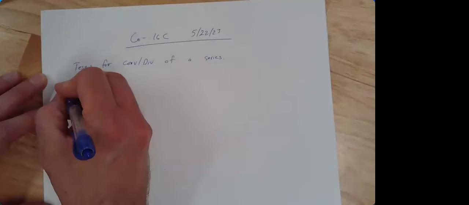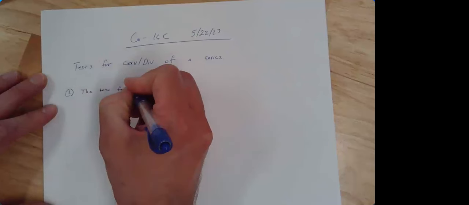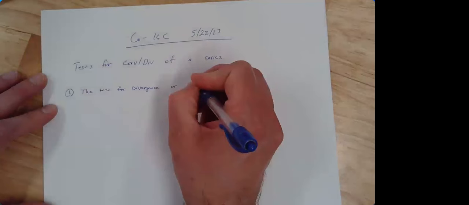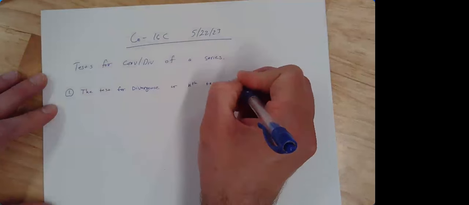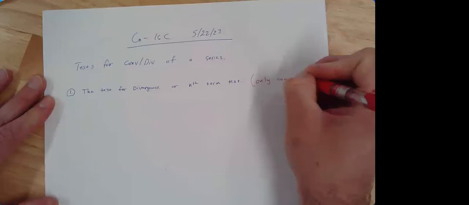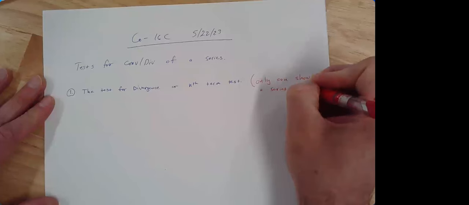First and foremost, we have the nth term test, or the test for divergence. The nth term test only shows divergence, and you're definitely going to have a question like this on your exam, for sure. It can only show a series diverges.